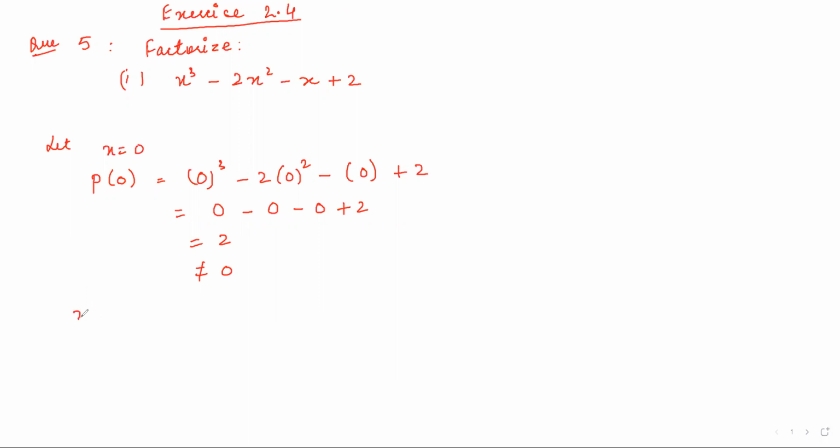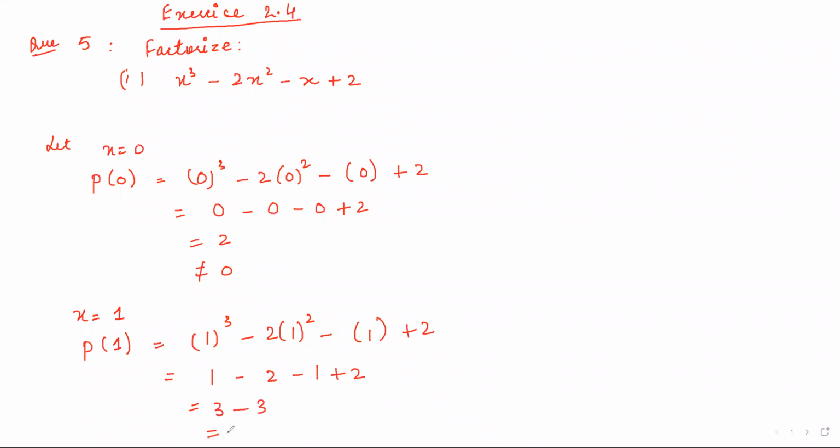Next, you take x is equal to 1. So find p at 1, right? So I get 1 cube minus 2 into 1 square minus 1 plus 2. So I get 1 minus 2 minus 1 plus 2. Add the positive ones together, 2 plus 1, 3, minus 3, which is 0.